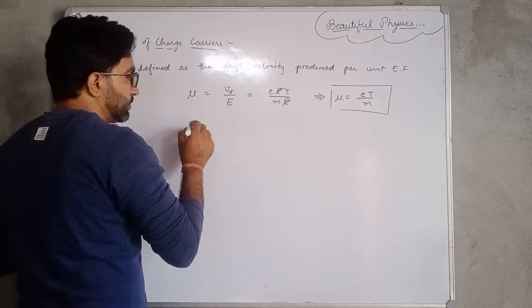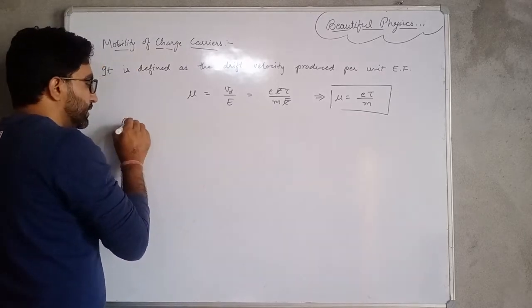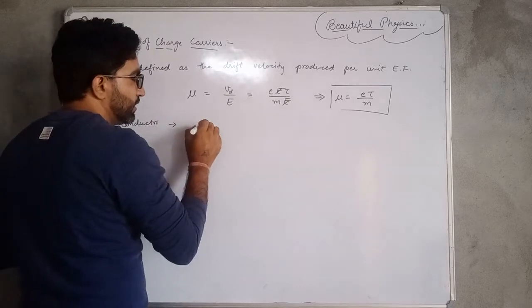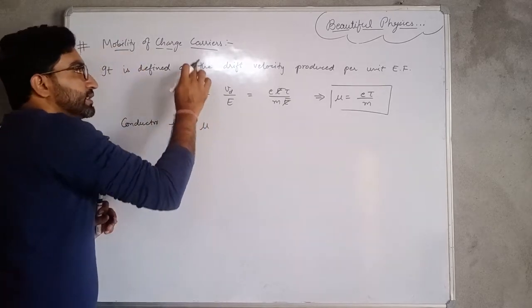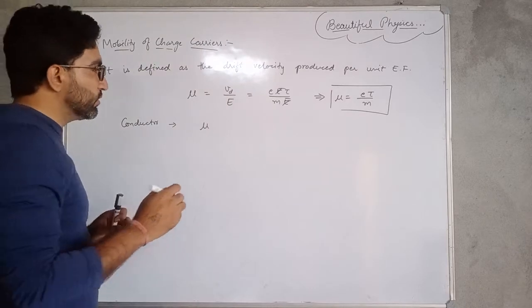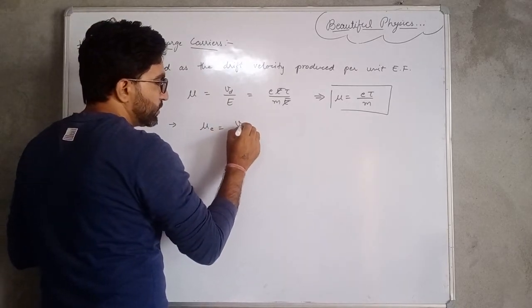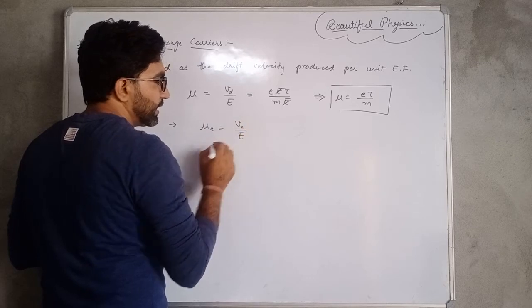Here we can also write that if we are talking about a conductor, then as we know the charge carriers in a conductor are electrons, so we write μe is equal to drift velocity of electrons per unit electric field.